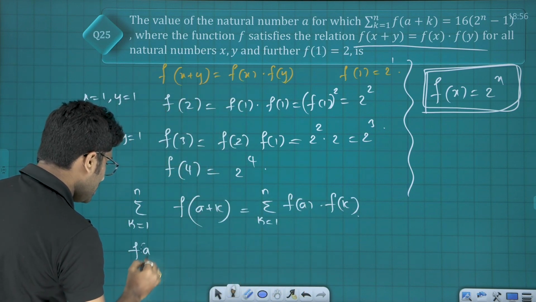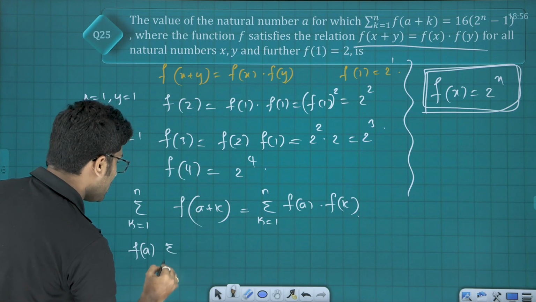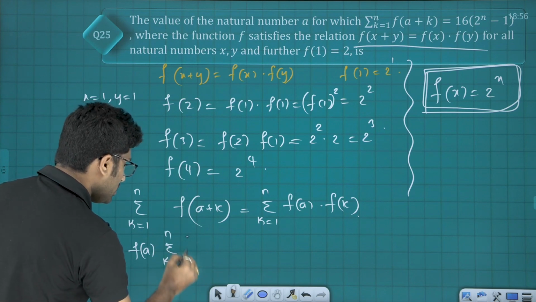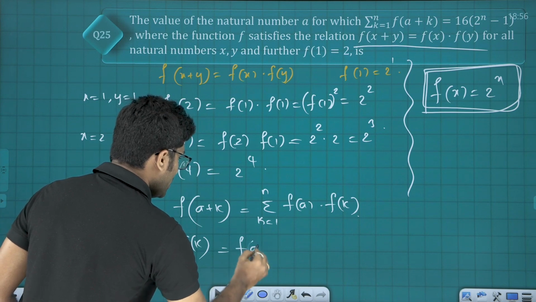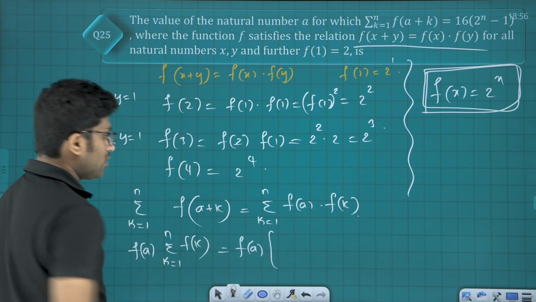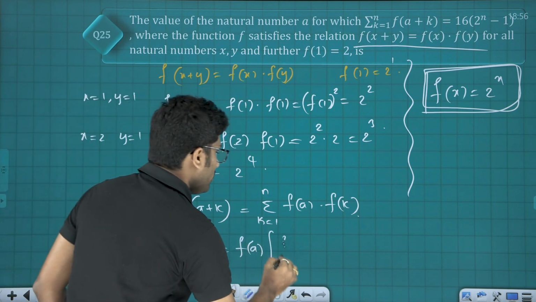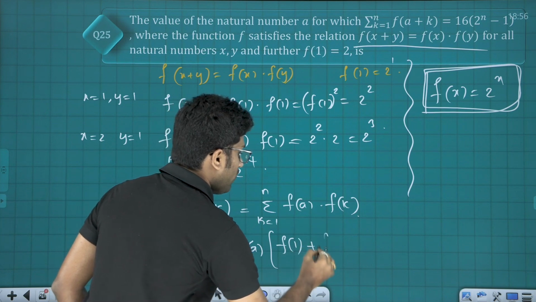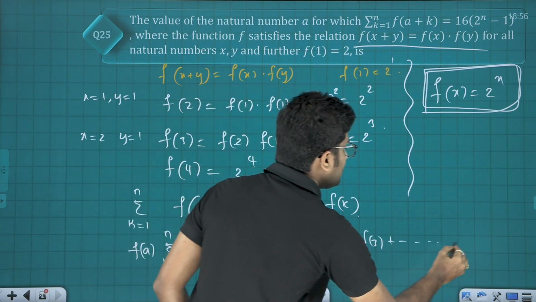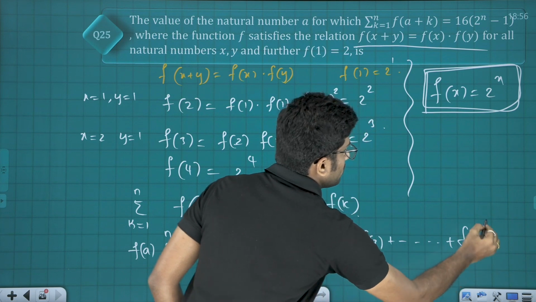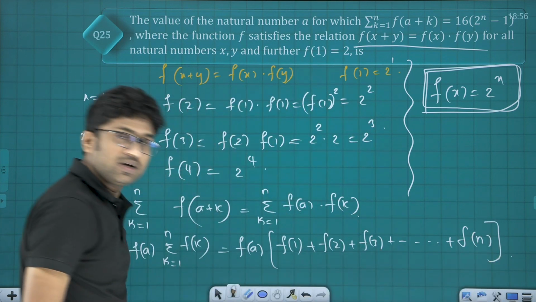So f of a into sigma k equals 1 to n f of k. That is, when you put k equals 1, f of 1 plus f of 2 plus f of 3 and so on till f of n.